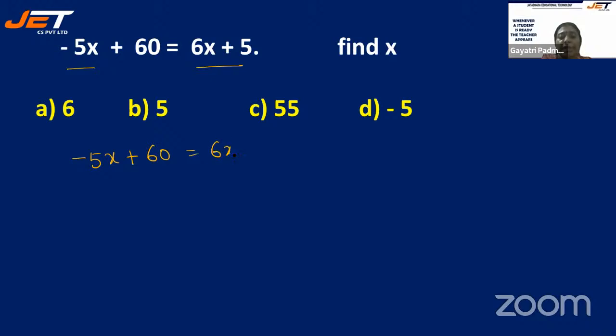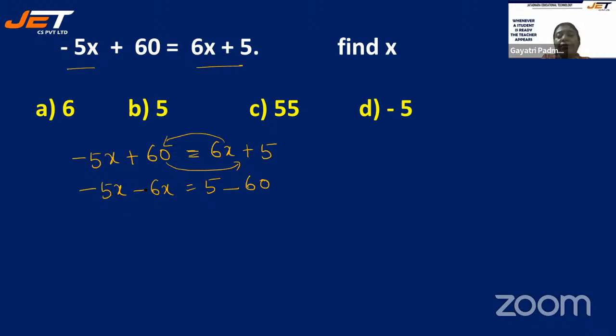So you are just writing the question. I'm writing the question and bring x to one side, right? So when this plus 6 travels beyond the equation, it becomes minus 6, equal to, after equal to whatever number is there, it will be there. And this plus 60, when it is moving beyond equal to, it becomes minus 60. All right.